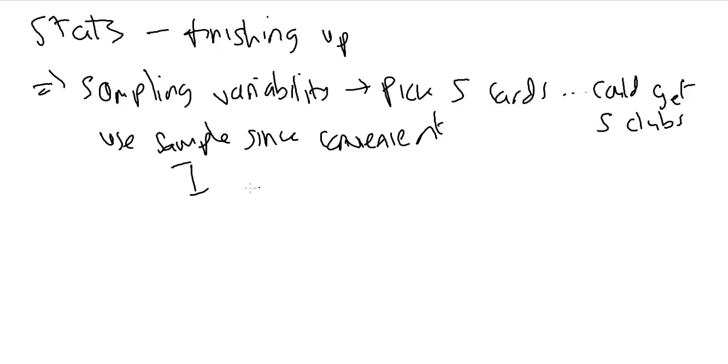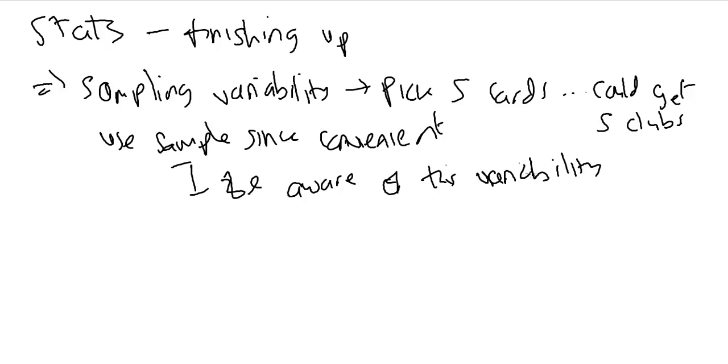So first of all, be aware of this variability. When you pick 5 clubs, if you're aware that there is variability, you're warned that, okay, yes, I might have gotten 5 clubs, but samples don't necessarily have to be representative.